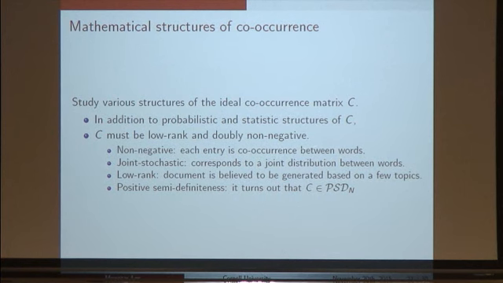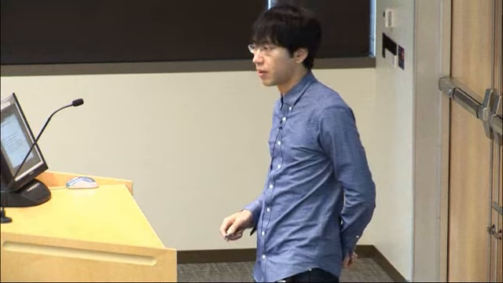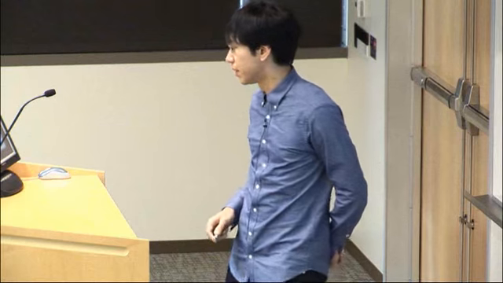A doubly non-negative matrix is a category of matrix which is entry-wise non-negative and positive semi-definite. By definition, C must be joint stochastic, which means the sum of all entries is equal to 1. And low rank, because documents are believed to be generated from a small number of topics. So C needs to satisfy these four different structures at the same time, on top of the probabilistic and statistical structure. Obviously, C must satisfy a lot of different conditions at the same time.